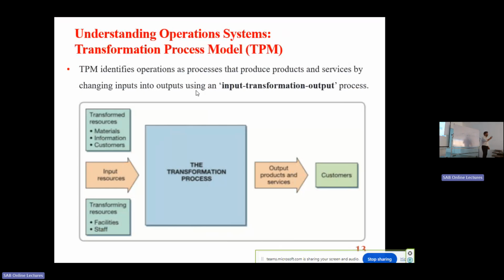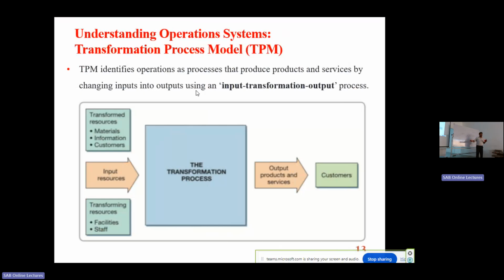It's very simple. That has only three parts. Namely, operations inputs should be there in an operation system, according to this model. What is the name of this model? This is called the transformation process model. Very simple one. In any operation system, we can clearly identify these three components.